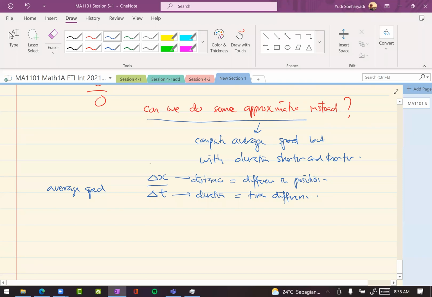So what we compute now is delta x over delta t, and then make delta t smaller and smaller.